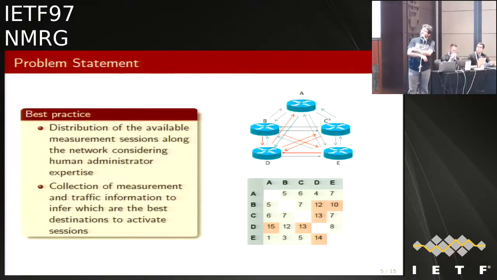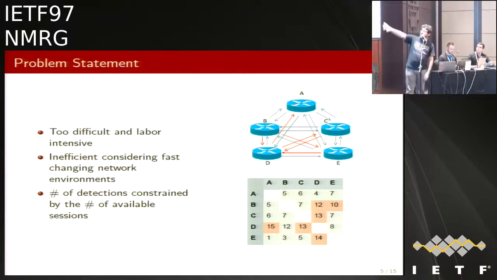So currently the best practice is to distribute the available measurement sessions and the probes and the traffic which is injected in the network, considering the human administrator expertise. After that, you can also use some information from the traffic matrix in order to choose which are the best spots, the hot spots in the network to perform this measurement task.